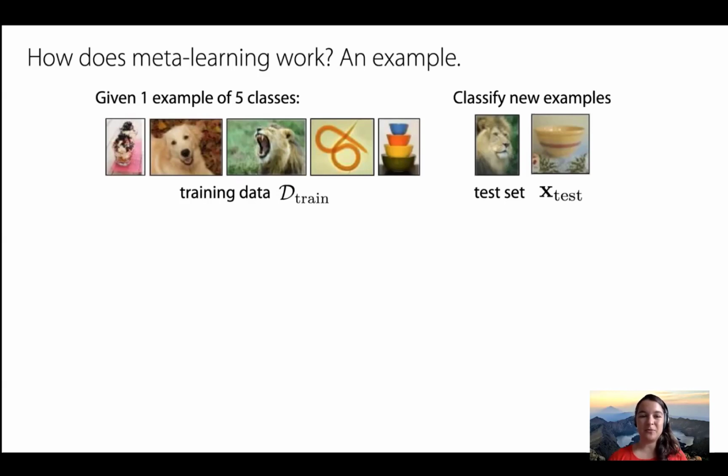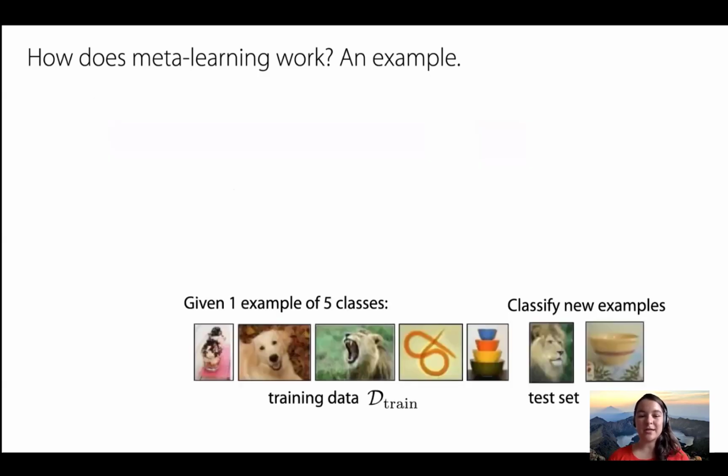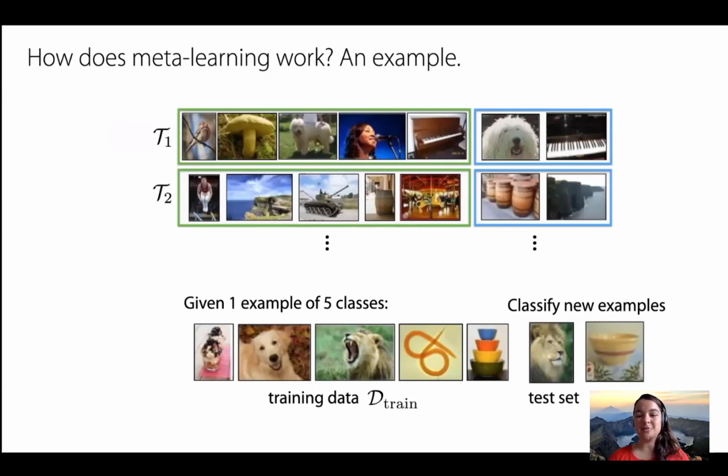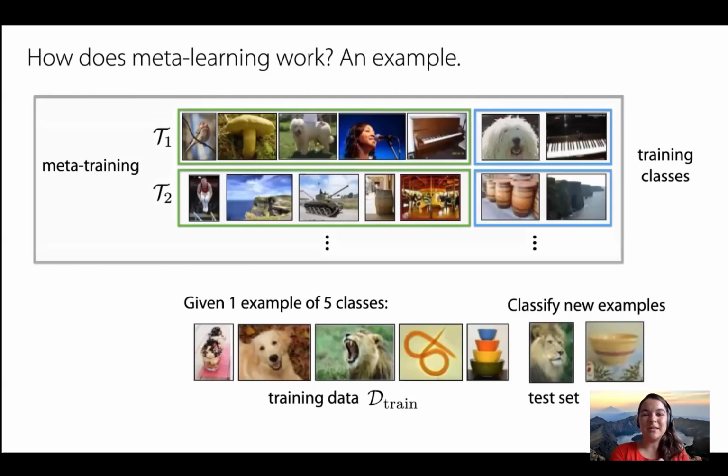Now, of course, if we train from scratch, this is completely impractical to solve from only 5 data points. But if we have image data from other image classes, we can structure that data in a way that prepares us for this few-shot classification problem at test time. You can essentially structure those other image classes into mini train sets and test sets, and across these training classes, learn how to learn from each of these small data sets in a way that allows us to generalize to new test inputs.